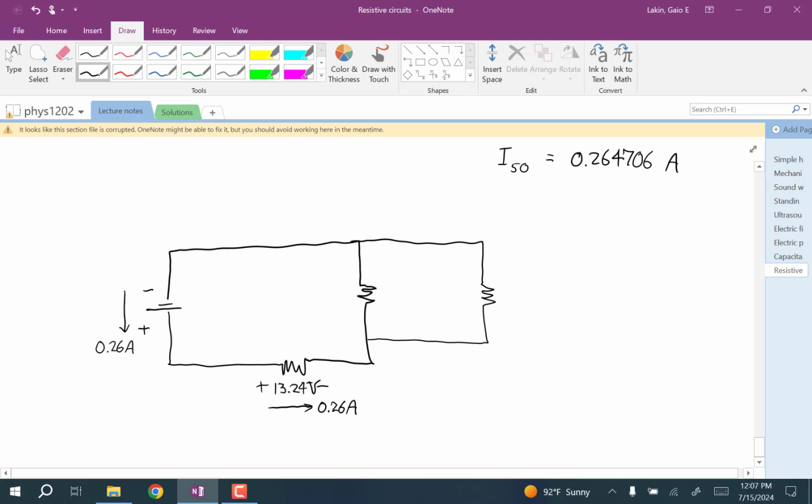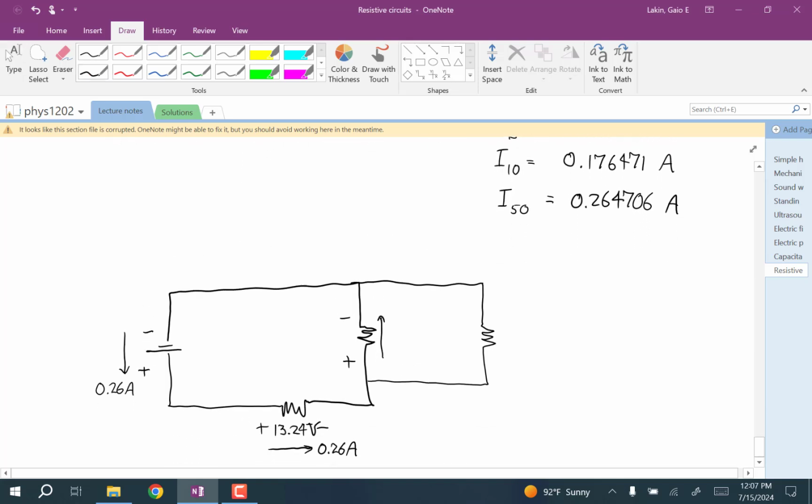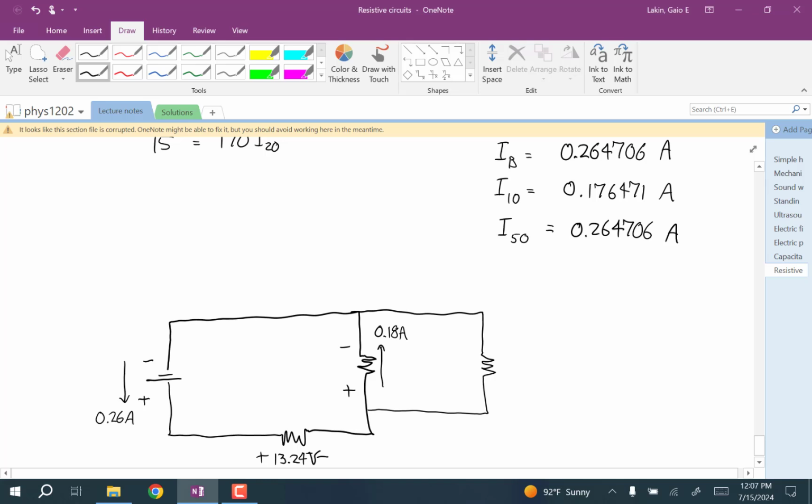And then at this one, that's the 10 ohm resistor. We have a current of 0.18 if I round, and a voltage of that current times 10. So that is 1.76 volts.